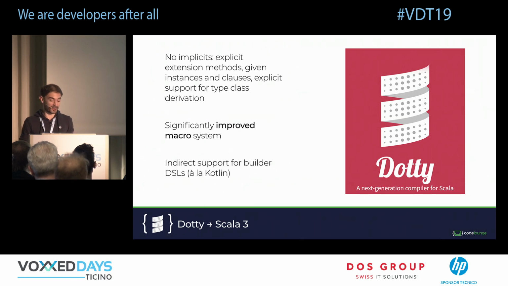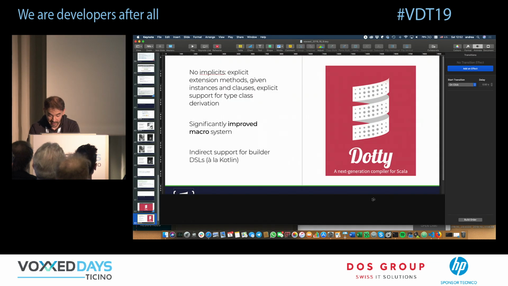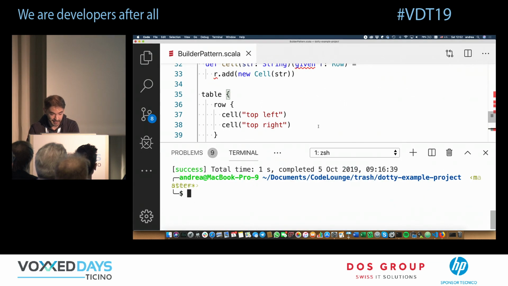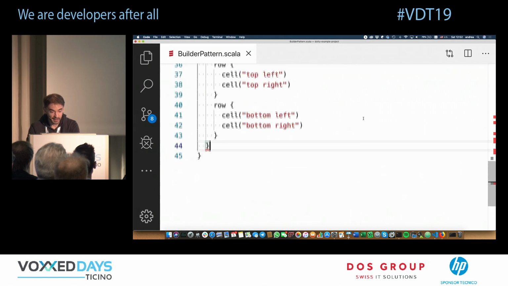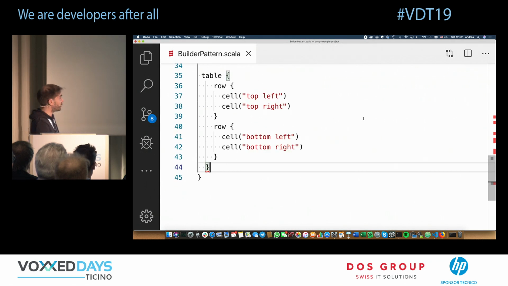And I want to show you, you also have indirect support for builder DSLs a la Kotlin, which is the last thing I show you in the last minute, which is something like this. So you can essentially construct, this may look like some kind of very primitive builder pattern, if you don't like to write down, like me, YAML or JSON, for example, right?